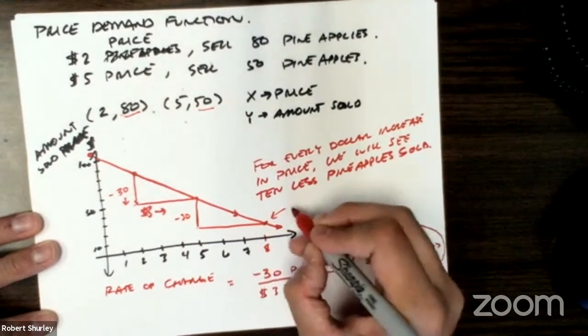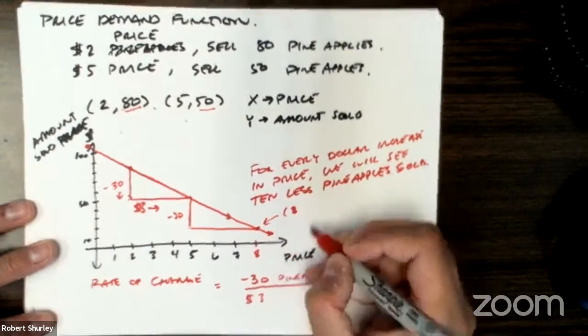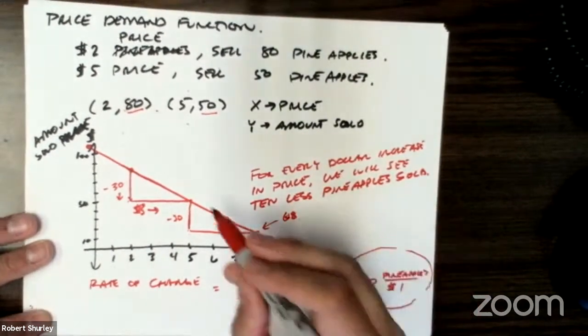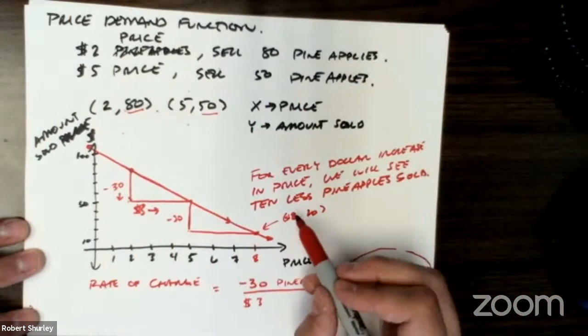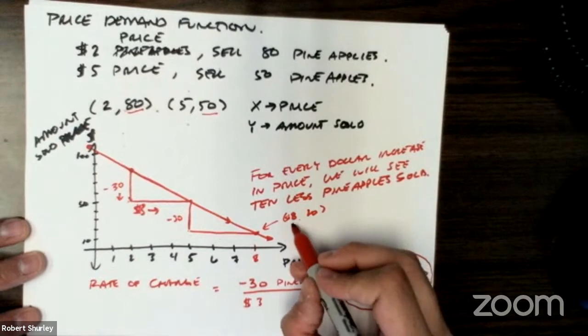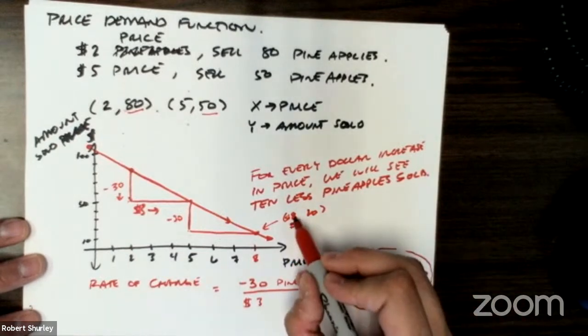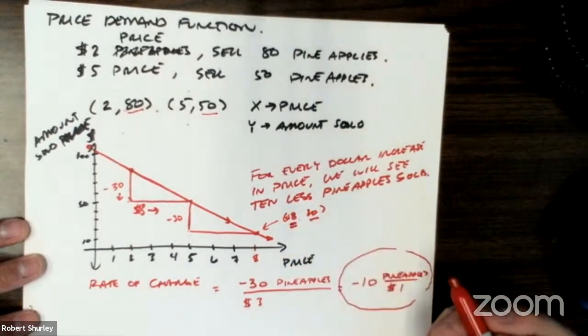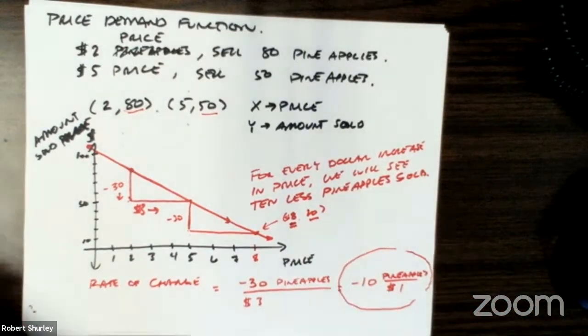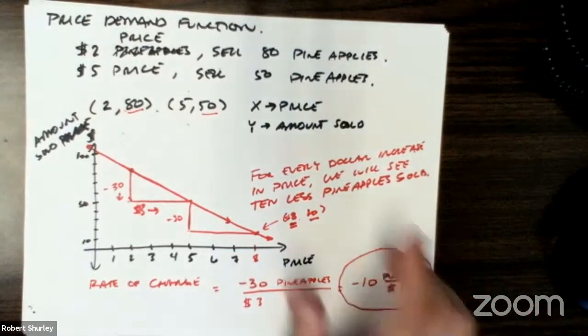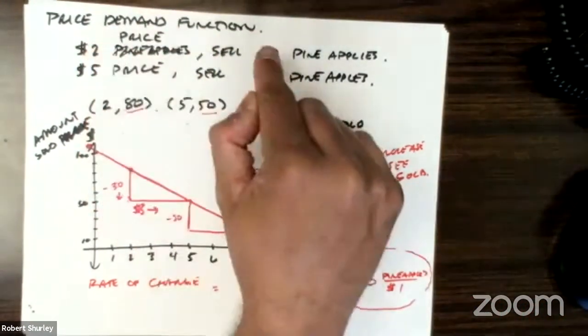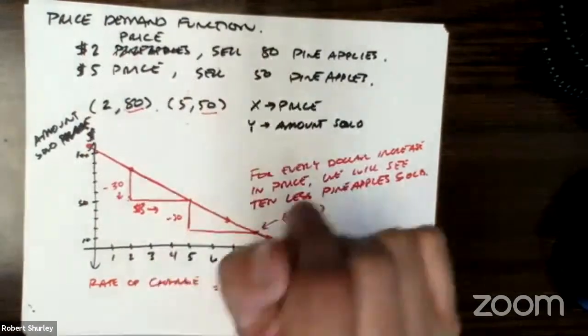So this point right here would be $8 for the price. But then remember, we started at 50, now we go down, so this would be 20 pineapples sold. So if we set the price of pineapples at $8, they're saying we should expect to sell only 20 pineapples, which is kind of crazy. 8 times 20 is $160. That's the same as selling $2 pineapples for 80.